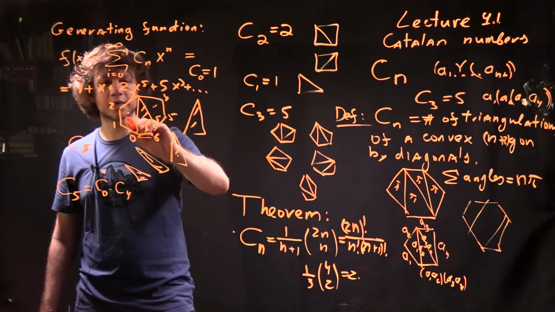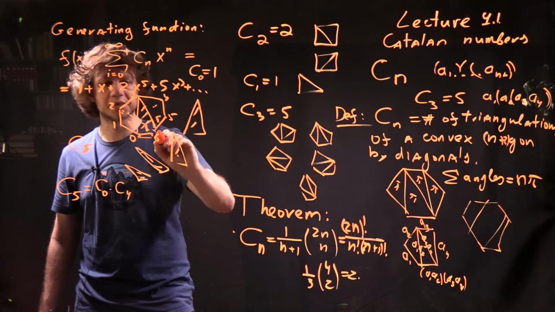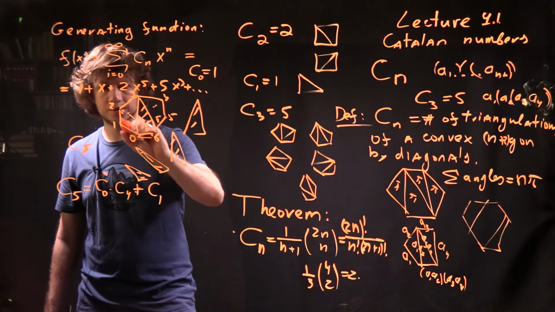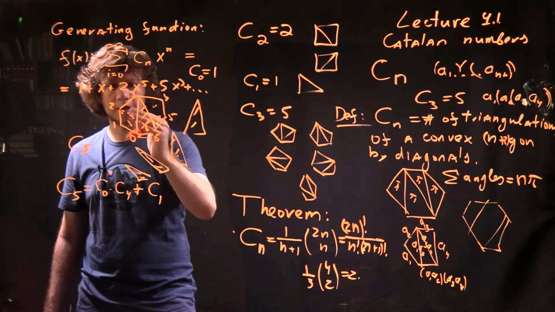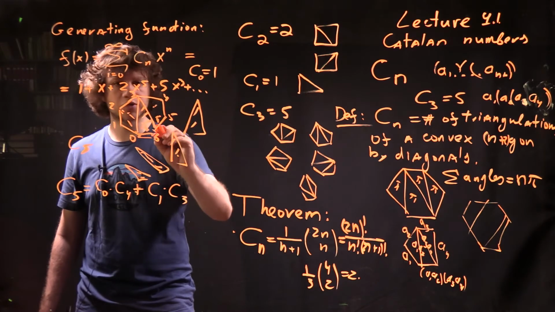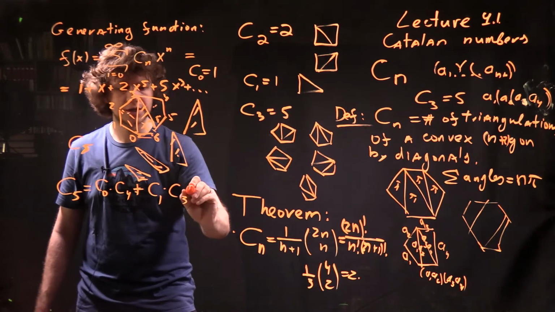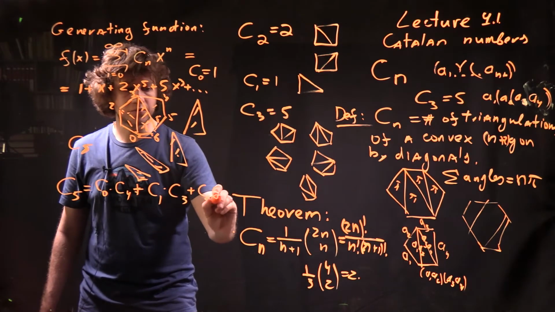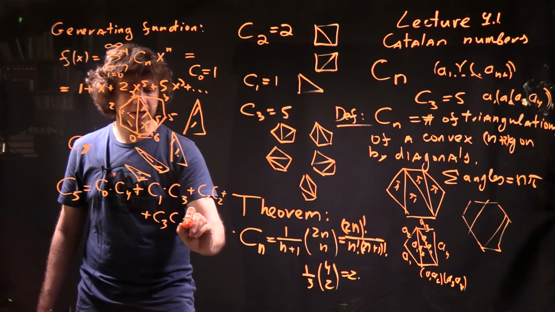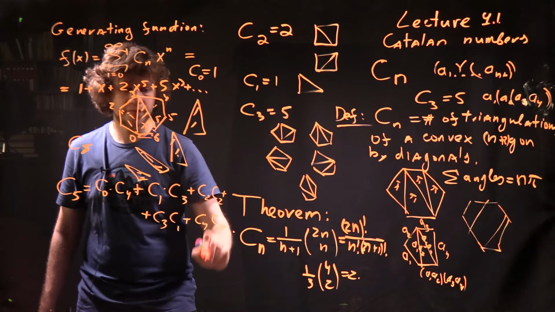But also one can use the triangle 0, 2, 6, and then we need to add C_1, the unique triangulation of 0, 1, 2, which is to the left, times C_3, the triangulation of the remaining part. And similarly, we have C_2 C_2 plus C_3 C_1 plus C_4 C_0.